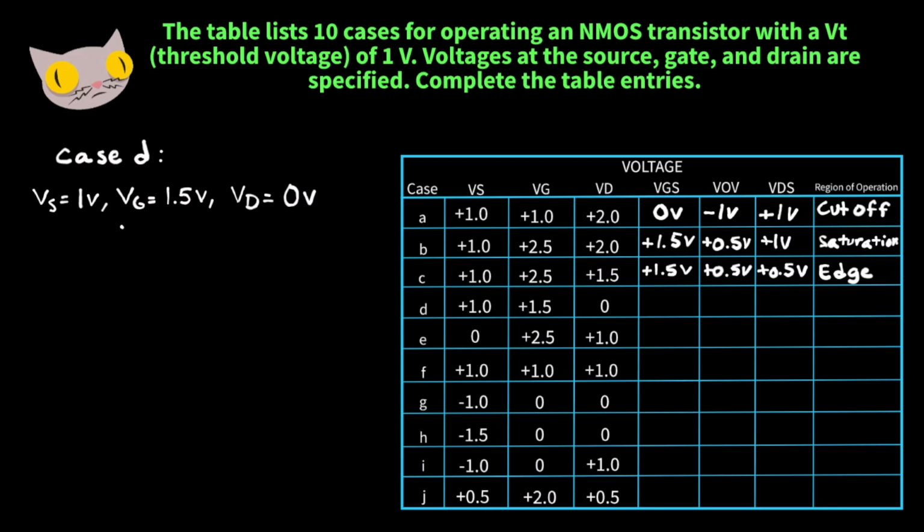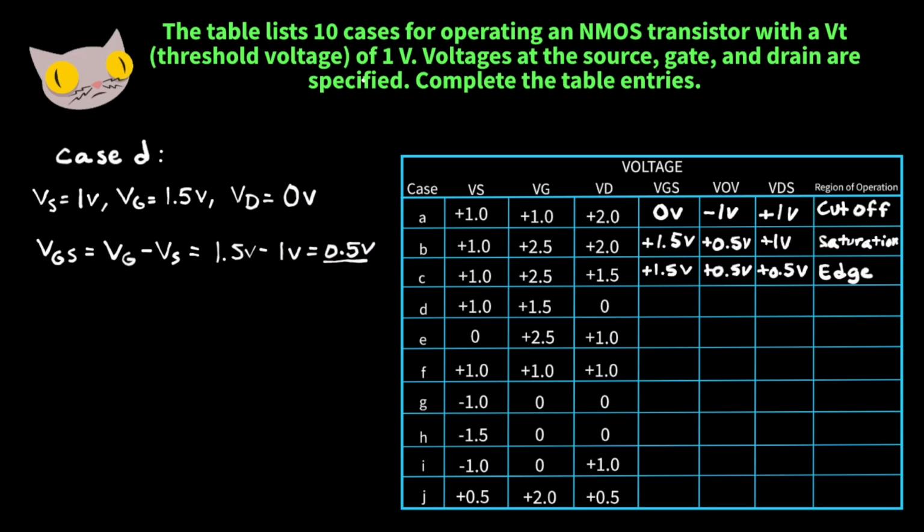So now for case D, we have Vs 1 volt, Vg 1.5, and 0 volts for Vd. So let's start with gate to source, Vg minus Vs. That's going to be 1.5 volts minus 1 volt, leaving us with 0.5 volts.